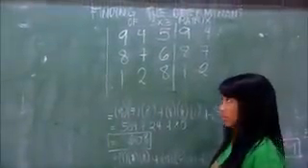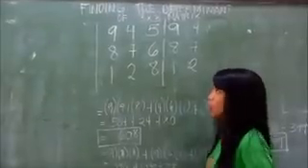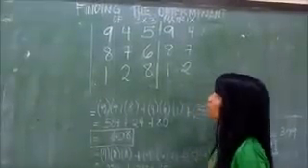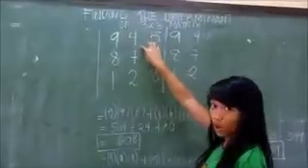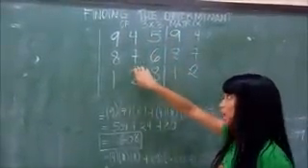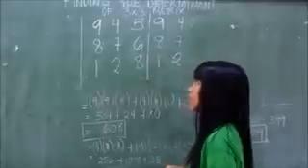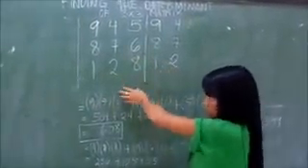We have here the 3 by 3 matrix. To find the determinant, we will use the crisscross process. Now, we have here the elements 9, 4, 5, 8, 7, 6, 1, 2, 8. And we will copy the first and second columns outside the matrix.